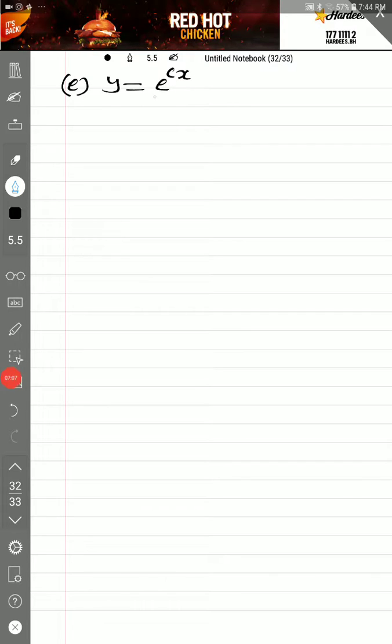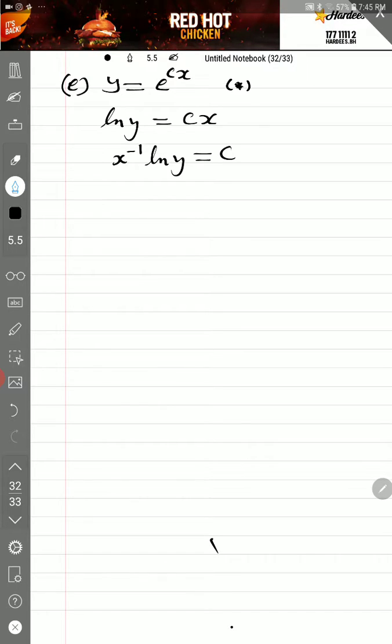The last exercise, I take y equals exponential to the power cx, to find the orthogonal family to this. So this is star, and we need to find double star. Again, you need to differentiate, but before differentiating, leave the c alone. So you take ln of both sides. It will be ln y equals cx. Divide by x, it will be c. Now don't forget, this y is positive because it's an exponential.